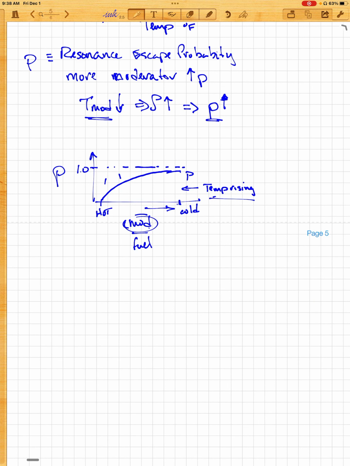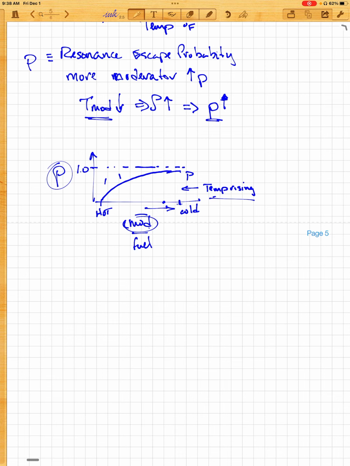So if you go from cold to lukewarm, well, P says it's no big deal. But if you go from cold to super hot, like 600 degrees, P's really going to change on you. And that's because of density changing at higher rates with temperature when you're hot. Okay, so there's P. That's how we manipulate P. We manipulate that moderator to fuel coefficient.